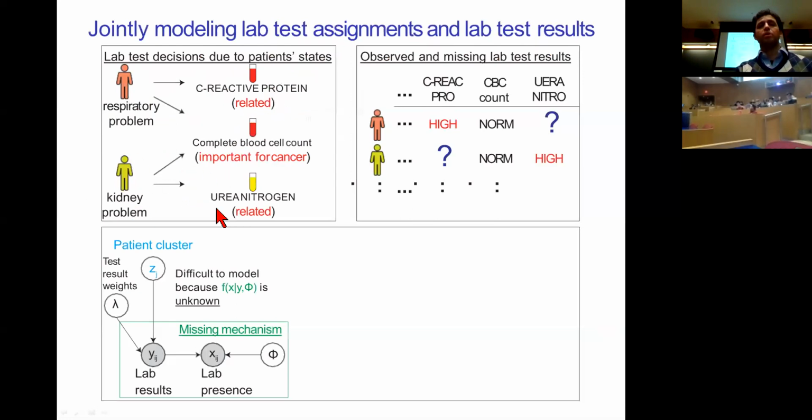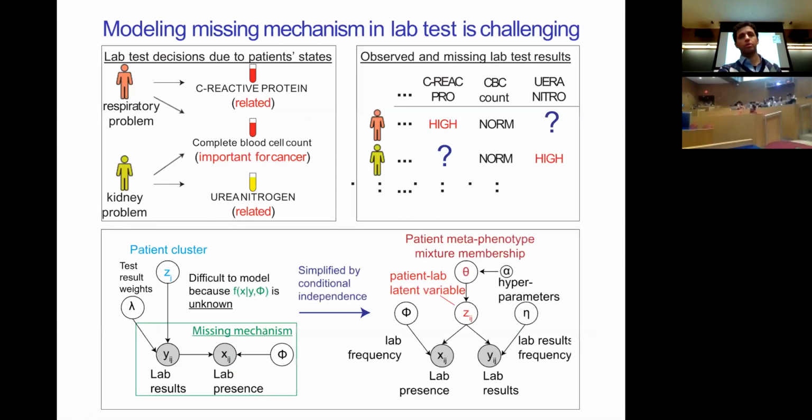If I have kidney problems, similarly, I'm much more likely to be prescribed a urea nitrogen test than if I don't. So I can actually start modeling this by having the patient cluster dictate both the lab result and the lab presence itself, and having the lab presence dependent on the lab result. But of course, I don't observe that directly. But knowing the probability of the patient belonging in that particular cluster, I can actually flow information on whether the lab was prescribed or not.